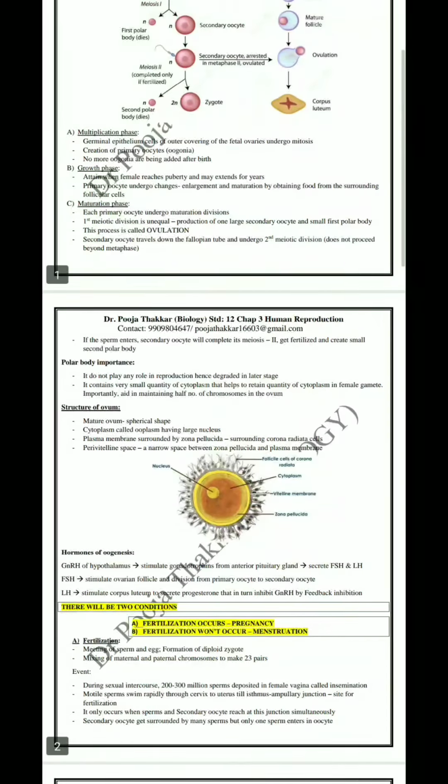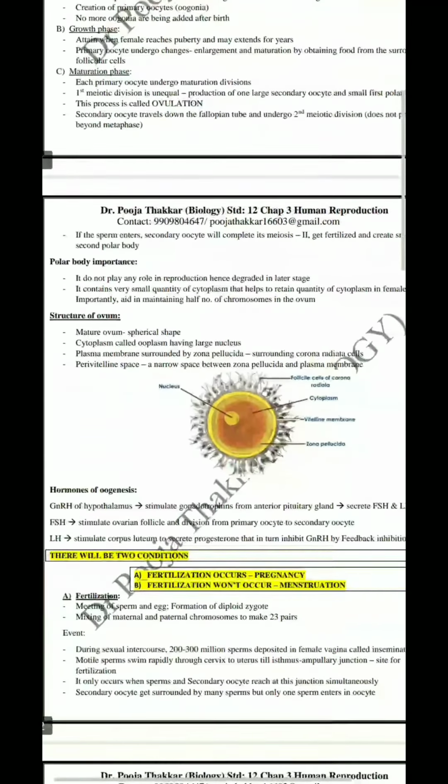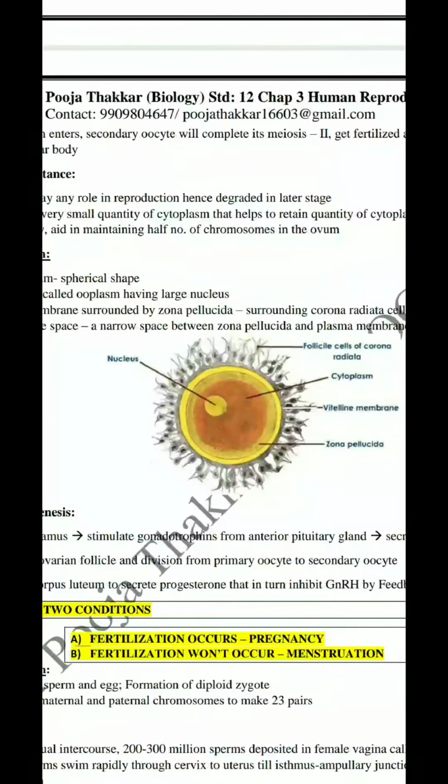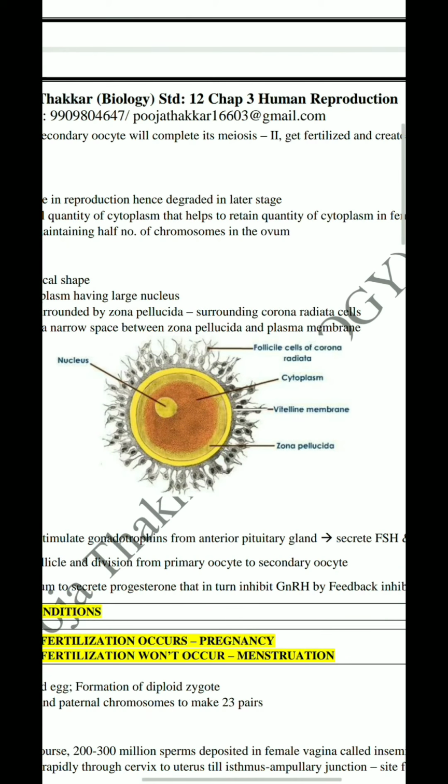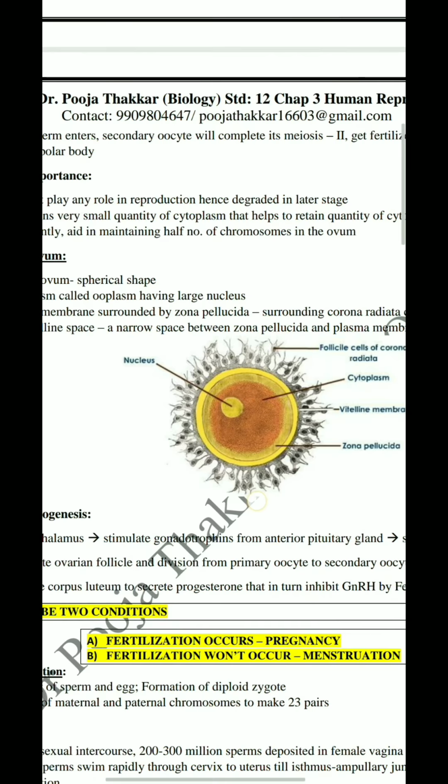Now, the next most important thing we need to understand here is the structure of ovum. A mature ovum is basically spherical in shape. The cytoplasmic content is super high. It can be considered as ooplasm, which has a very large nucleus in it. The plasma membrane is surrounded by an additional layer called zona pellucida, which has been labeled here, and that zona pellucida, on the outer side, is covered with cells called corona radiata cells.